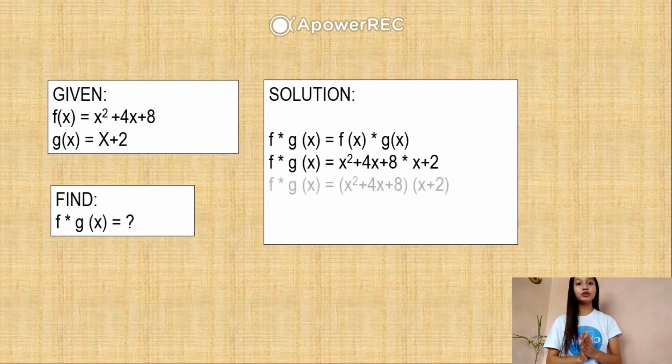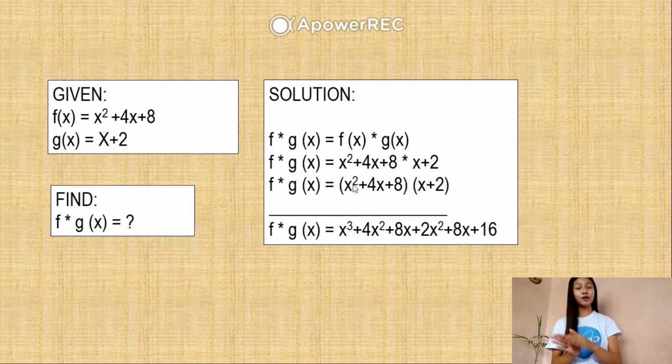So first we will multiply x squared by x, we will have x cubed. Then x squared by 2, then we will have 2x squared. Next is 4x times x, we will have 4x squared. Then 4x times 2, we will have 8x. Lastly, we will multiply 8 times x, we will have 8x. Then lastly, we will multiply 8 by 2, we will have 16.